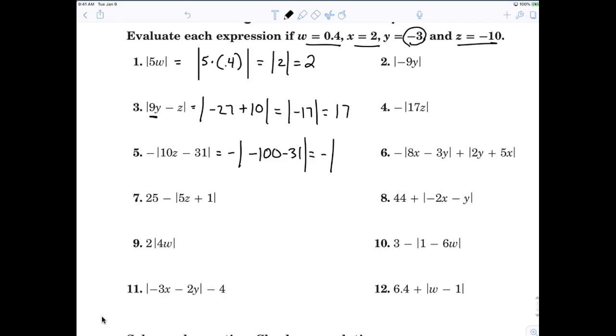Negative absolute value of what? Come on, it shouldn't take us that long to do negative 100 minus 31. What is that? Negative 131. Good. Speak up. What's the absolute value of negative 131? But there's a negative out in front. So it's negative 131.